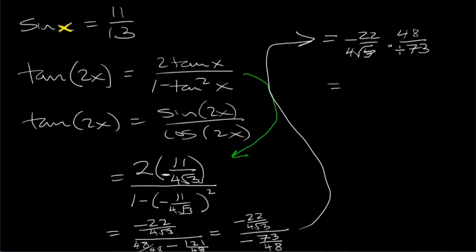Well, I think the negatives are going to cancel. There. So those are going to become positive. 4 and 48 reduce. So it'd be what, 12? So now I have 22 times 12 over 73 root 3.